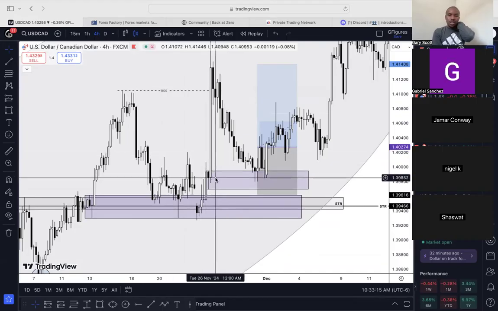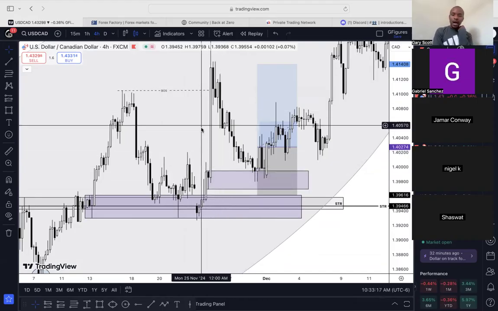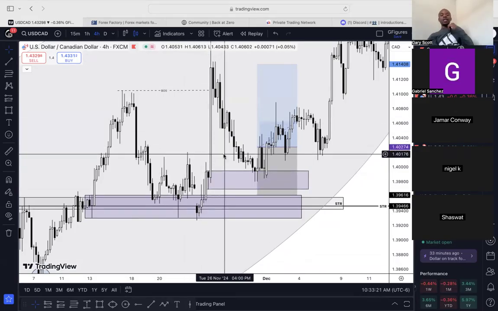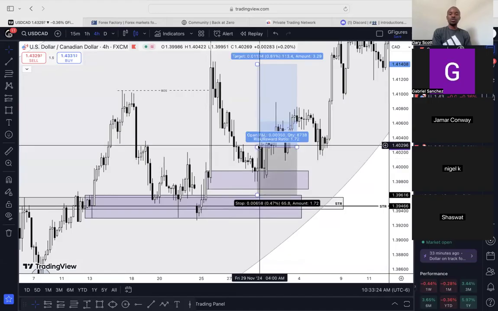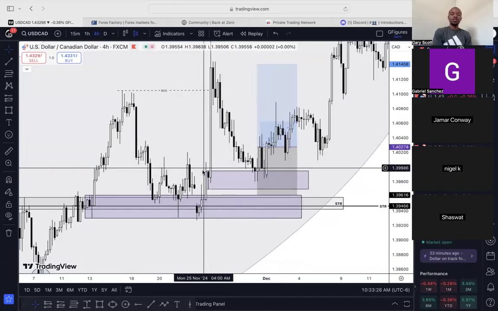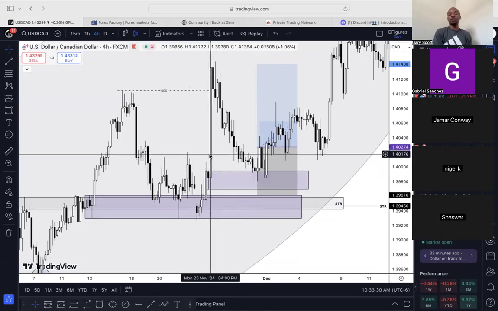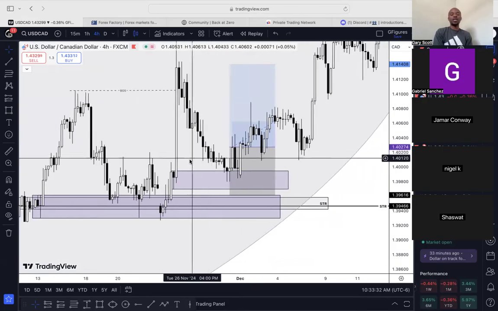And why is this one significant? It's because it lies beneath a fair value gap. If an order block lies beneath a fair value gap in an uptrend, then you know that that's a very strong order block, right? As well as that fair value gap level. All right. That's how you're able to dictate that.